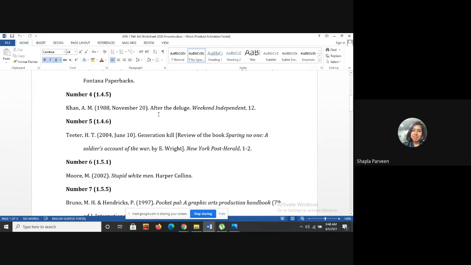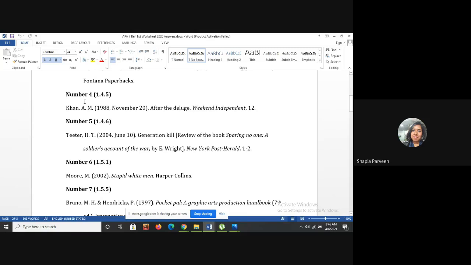Then the name of the article, After the Deluge, and the name of the newspaper, Weekend Independent, and the page number, 12. You can see the name of the article is not italicized, but the name of the newspaper, Weekend Independent, is italicized. If you handwrite it, you have to underline this.